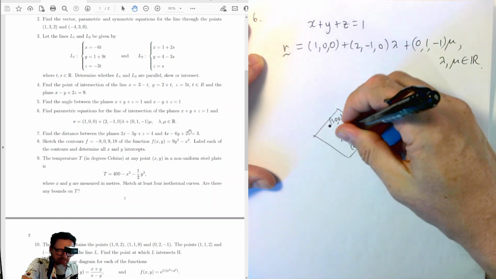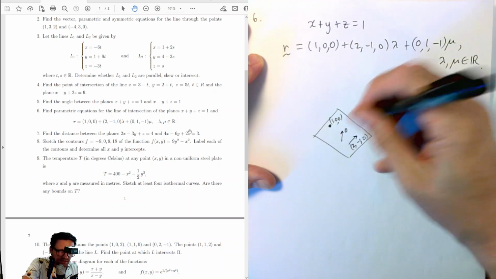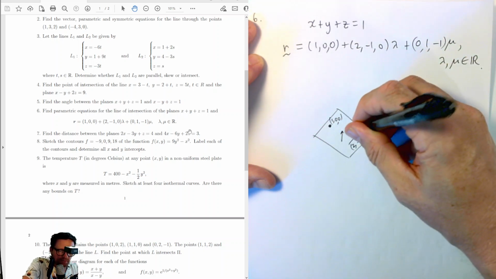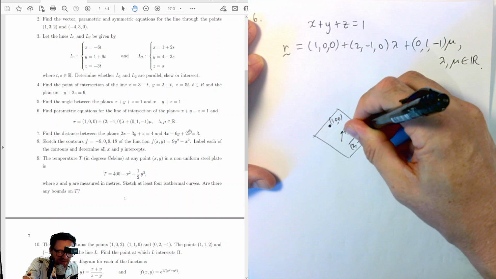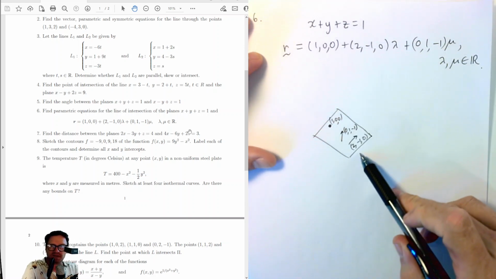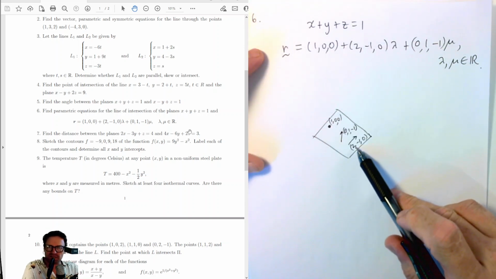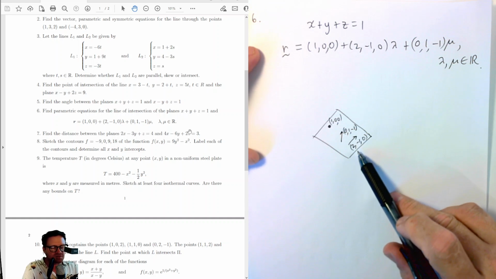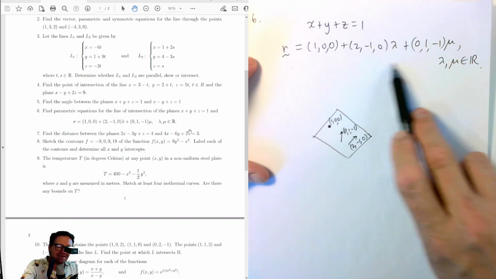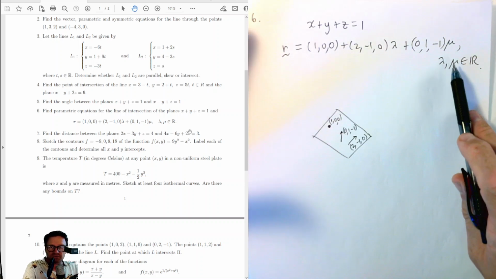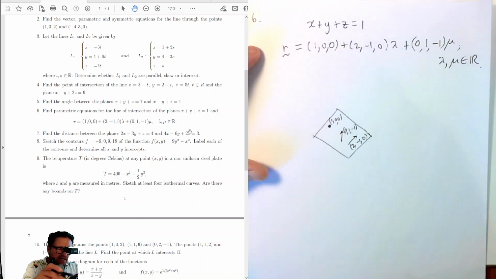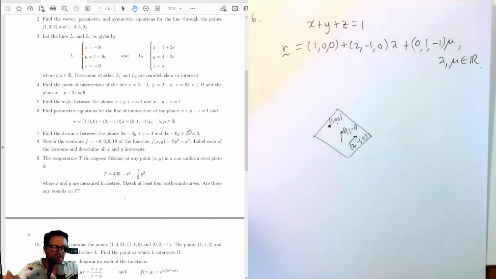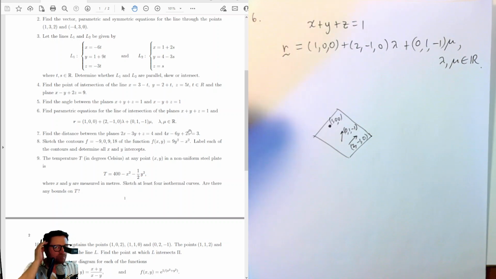This other vector 0, 1, minus 1 is also parallel to the plane. So if you have two vectors that you know are parallel to the plane, and you have a point that you know is on the plane, then this is a vector equation of that plane. But if you just expand it out, you get a parametrization of the collection of points on the plane.